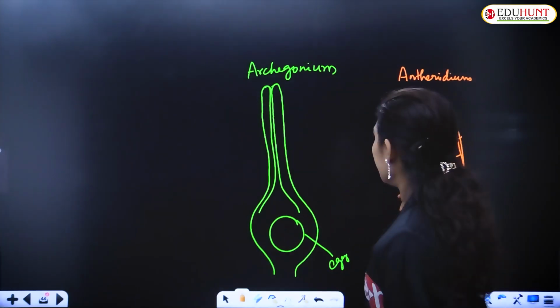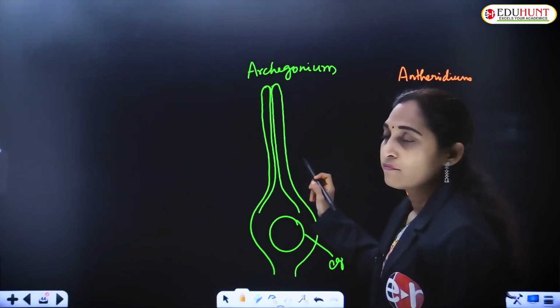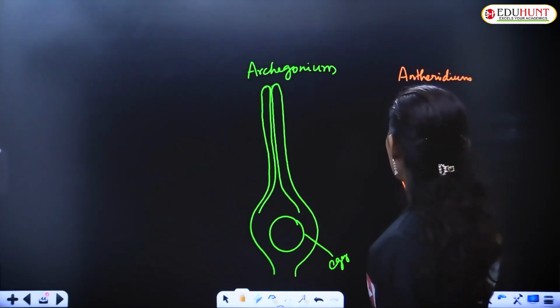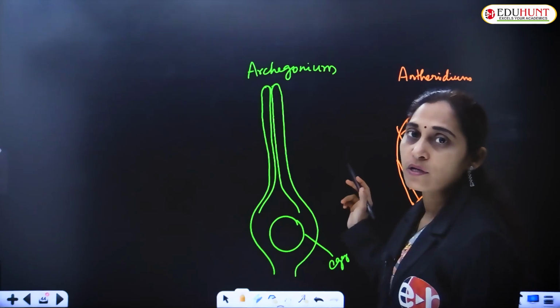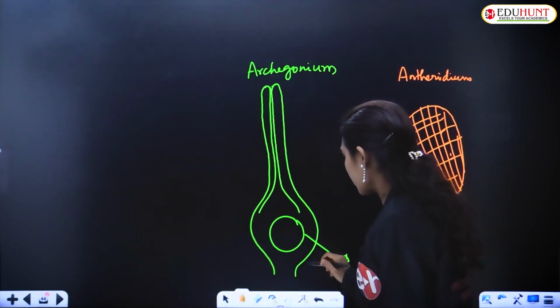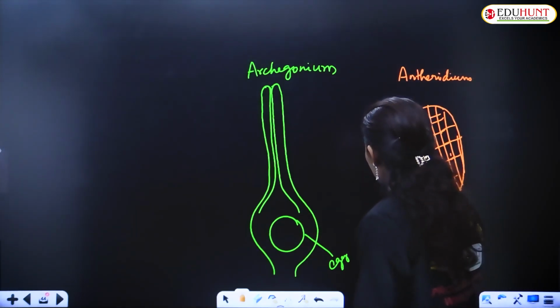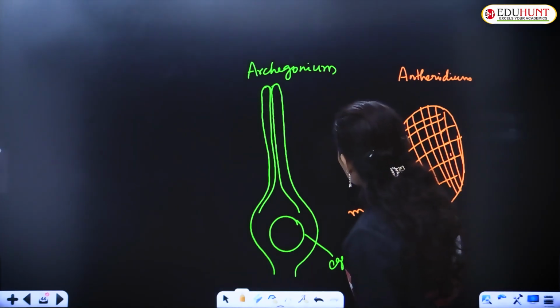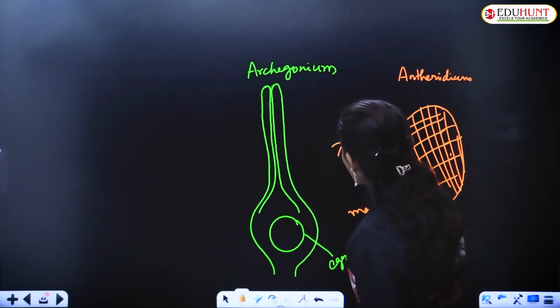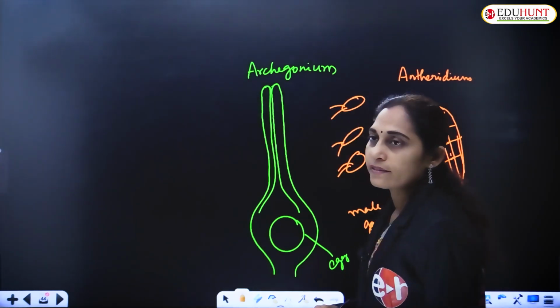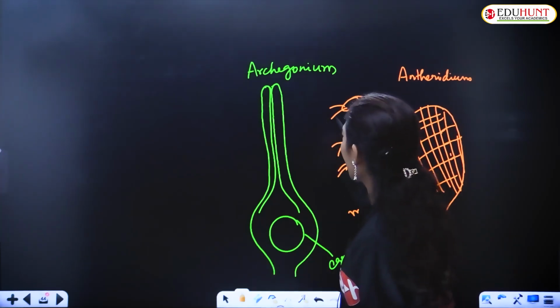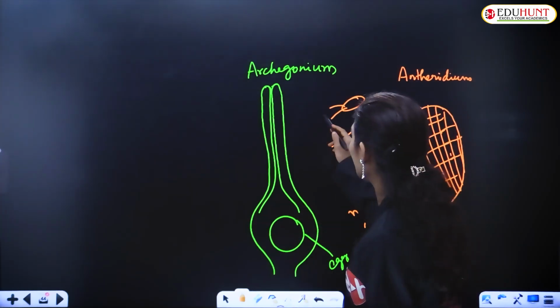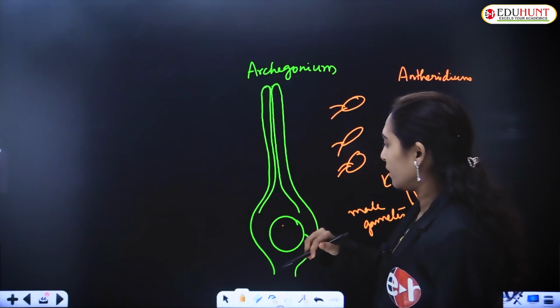Archegonium is the female reproductive organ, and antheridium is the male reproductive organ. It releases male gametes. These male gametes have flagella and swim and reach the female gamete.